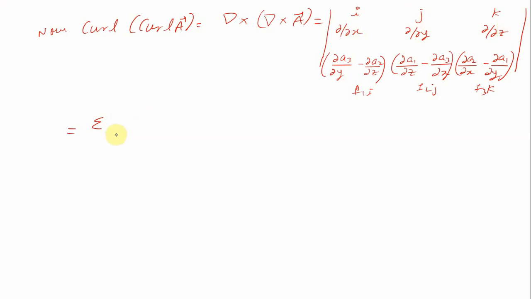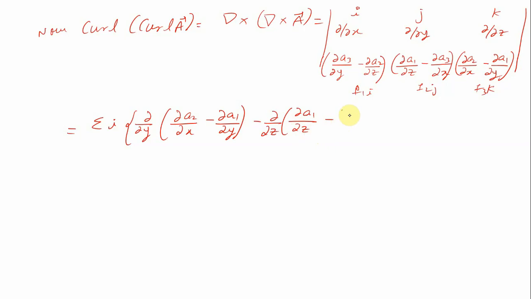So this is summation i dou upon dou y of dou a2 upon dou x minus dou a1 divided by dou y, then minus dou upon dou z of dou a1 upon dou z minus dou a3 divided by dou x.